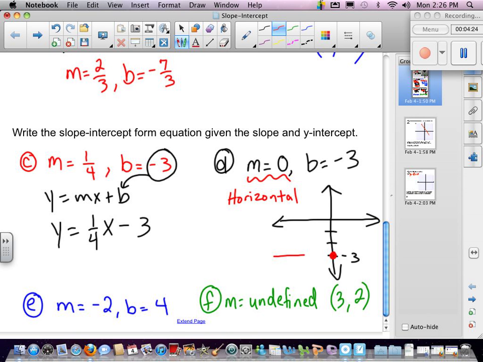So if it's a horizontal line, it's going across there. And no matter what point we pick, what's the y value going to be? Well, in this case, the y value will always be negative 3. Okay? So anytime we have a horizontal line, it is y equals a constant.